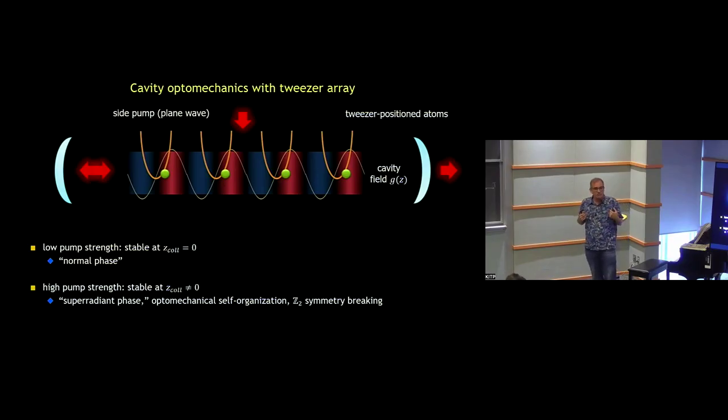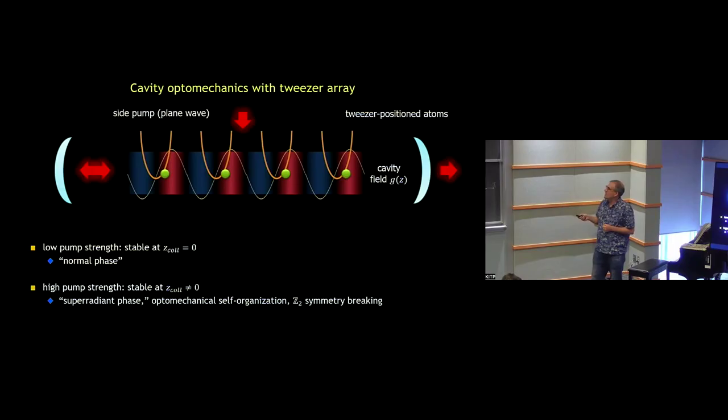So now there's two things afoot. There's the tweezers, which are trapping atoms at the nodes. That's one influence on the atom. And the other one is this optomechanical business that pulls the atoms to the right or to the left. And you can ask which of these forcing potentials wins. That depends on how strongly you pump the atoms or how much light is resonating inside of the cavity.